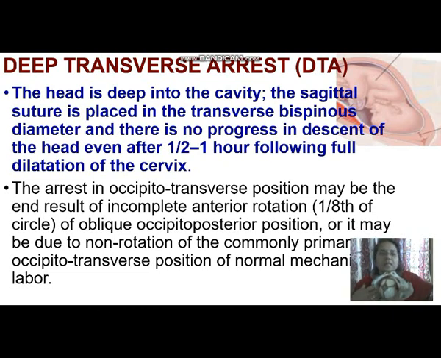There is no progress in descent of the head even after half to 1 hour following full dilatation. The arrest in occipito-transverse position may be the end result of incomplete anterior rotation.